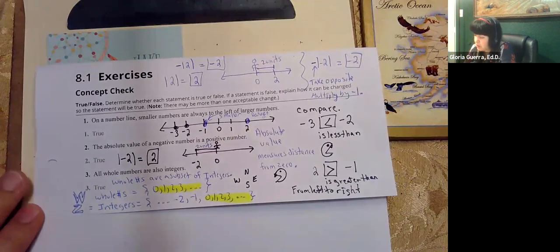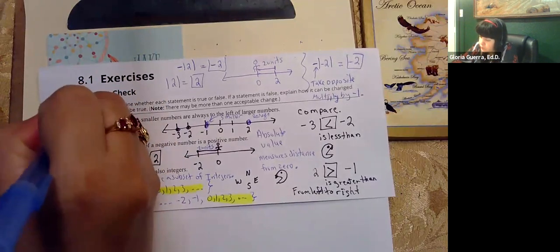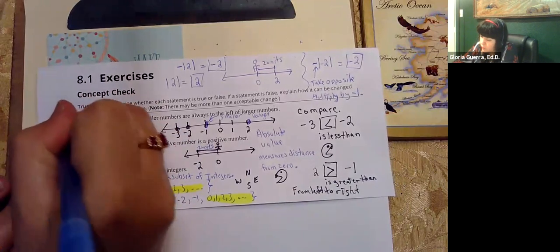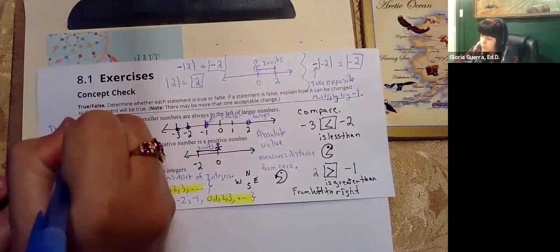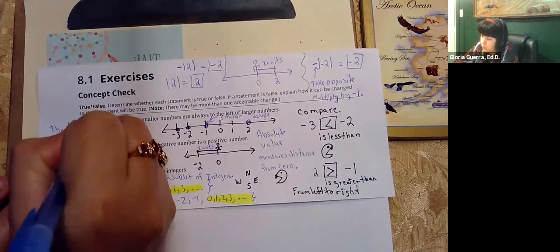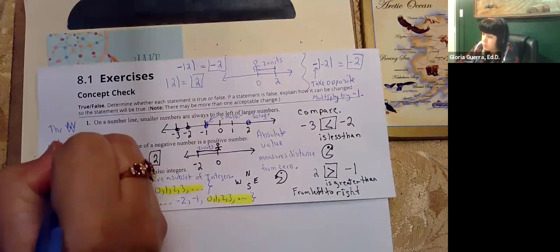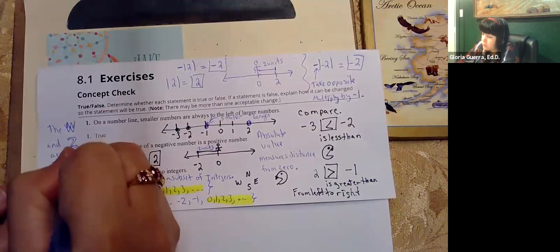So I'm also going to say somewhere that the whole numbers and the integers are real numbers, not complex.